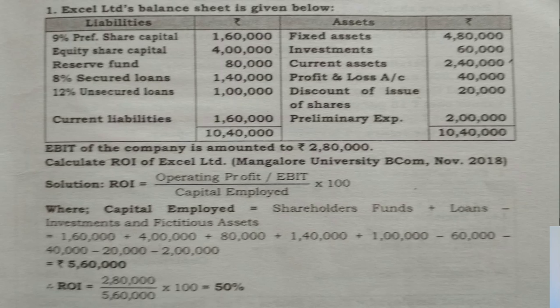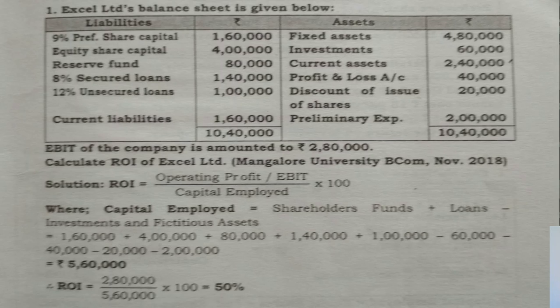From the asset side we are deducting the investments. So we have to search for any investments on this asset side. In this question it has 60,000 of investments. So 60,000 we have deducted, and we have to search for any fictitious assets like preliminary expenses, discount or expenses relating to issue of shares, or any profit and loss if it is there.